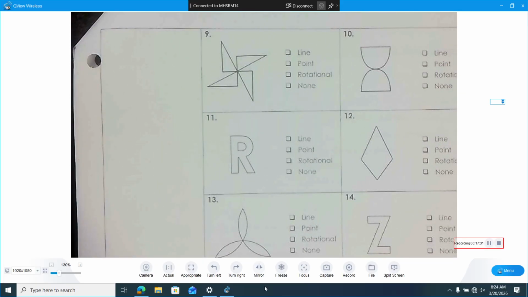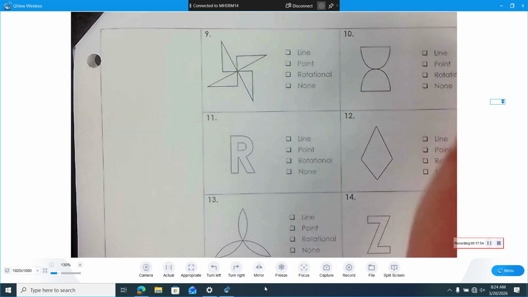This is a lot, right? Let's see. I don't want to do all of these, but I do want to hit up some good ones here. So number 9 looks like a pinwheel. Does it have line symmetry? So again, imagine drawing a line, but it has to fold exactly onto itself. No line symmetry.